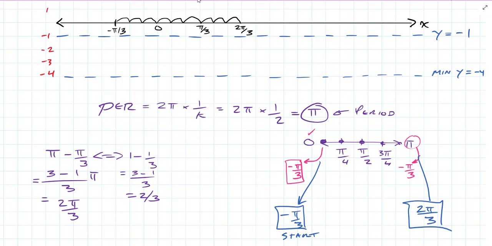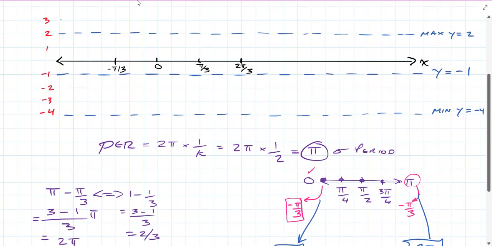Now here's the deal. Where's the halfway point between these? Because if we're going to draw cos, it's going to start at the top and end at the top. But where's that halfway point? It's somewhere in the middle. The middle is going to be pi over 2, except we just have to subtract pi over 3. This is kind of a tricky one.